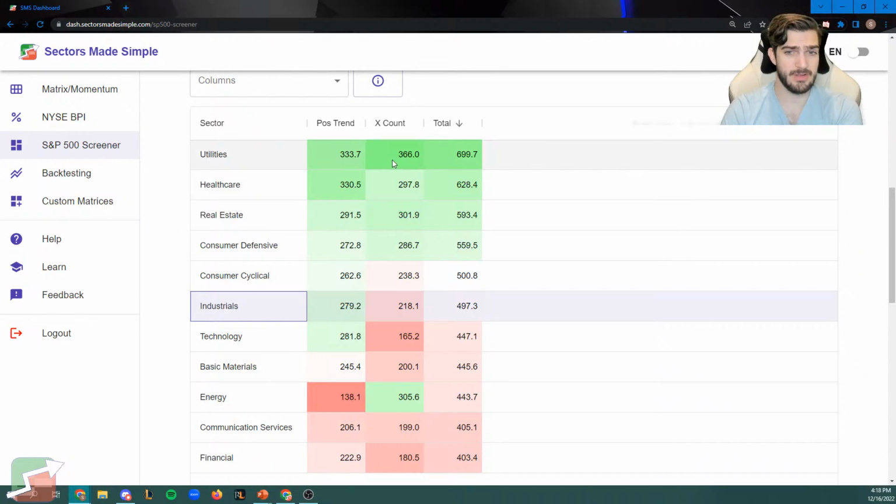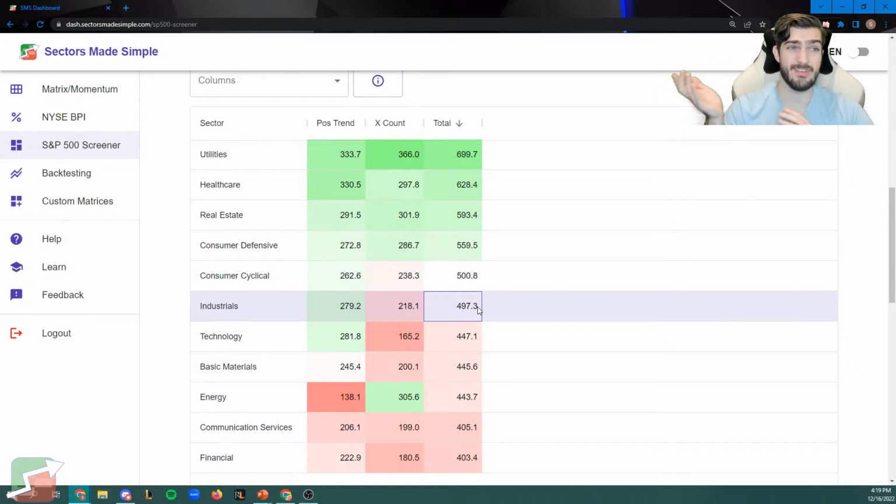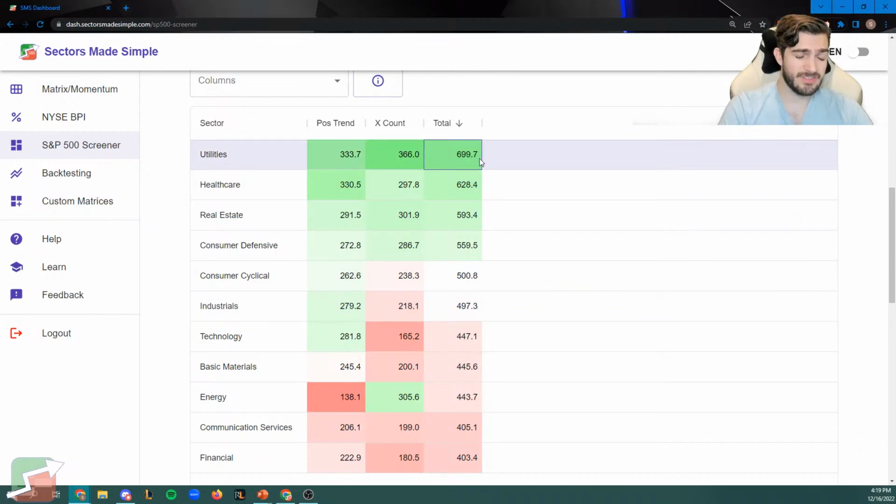We're talking utilities is almost 300, sorry, that's not how math works, 200 higher on average than industrials is. In this case, the largest number is 500 for X count and positive trend, and that means the largest is 1,000 for total count. So there is a significant difference between what we are seeing on the matrix and what we're seeing in terms of sector averages.